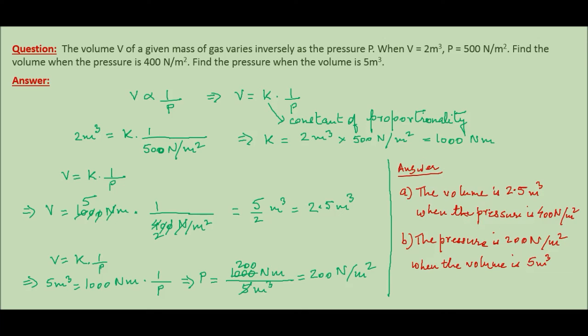So we have answered the two questions and we have known how to solve the word problems related to inverse variation. So students, this brings us to the end of this session. Thank you for listening.